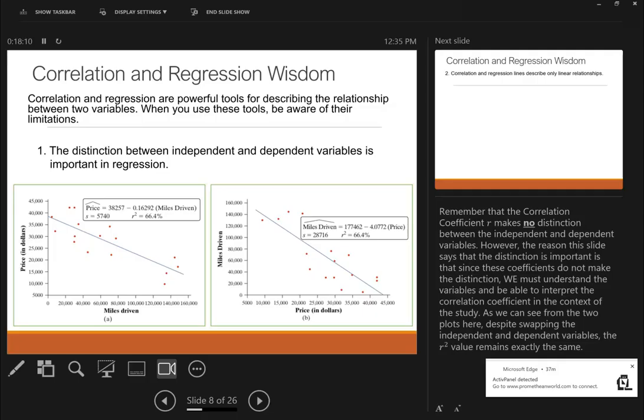So notice that when I plotted these, I get two different lines of best fit, but the R value, I guess you wrote it as R squared in this problem, was the same regardless of whether you wrote them as miles, comma, price, or price, comma, miles. Everybody's okay there?